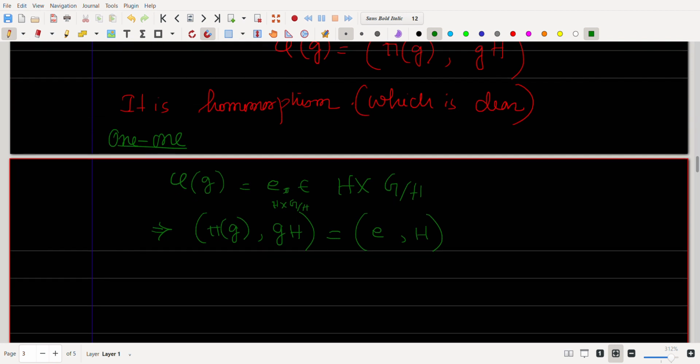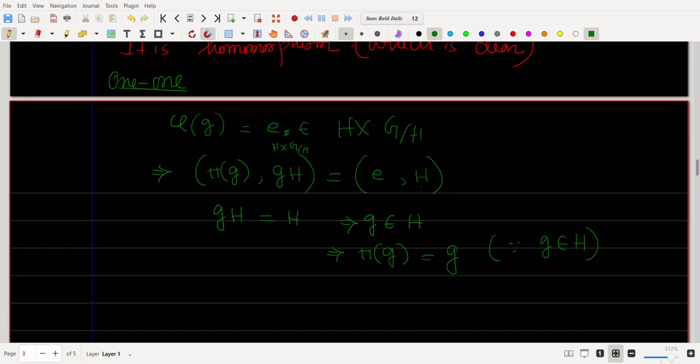So gH equal to H, this will imply g belongs to H, and pi g equal to g, since g belongs to H and pi fixes the elements of H. So that means pi g equal to identity implies g equal to identity, because pi g equal to g as well as pi g equal to identity.